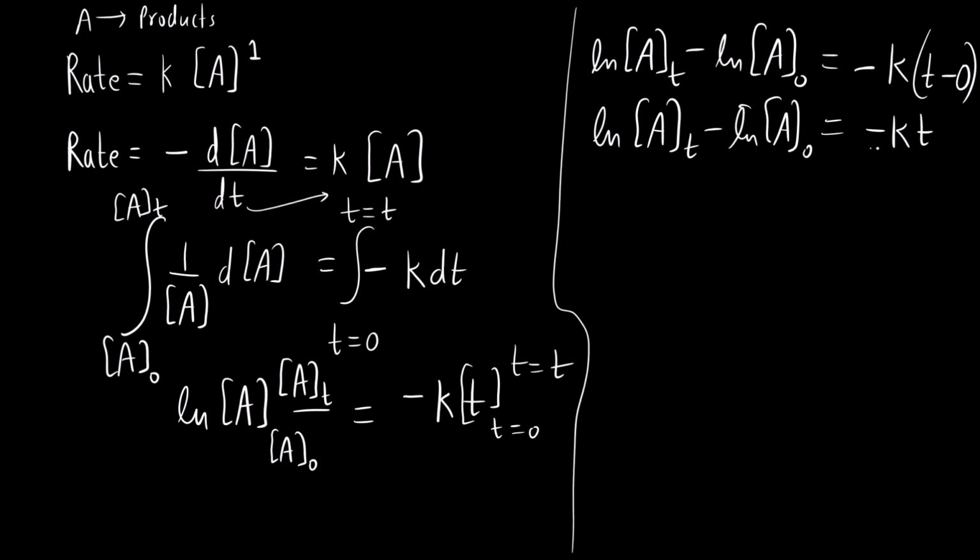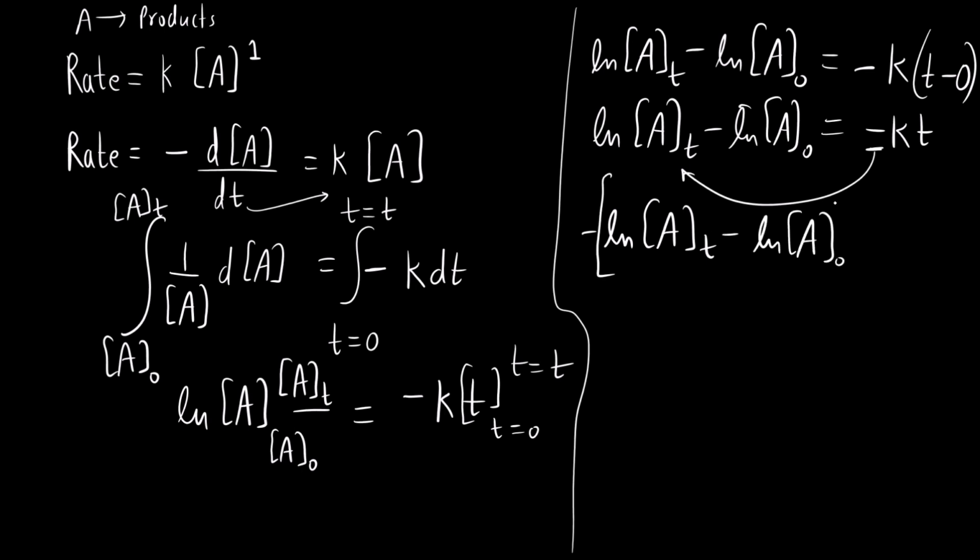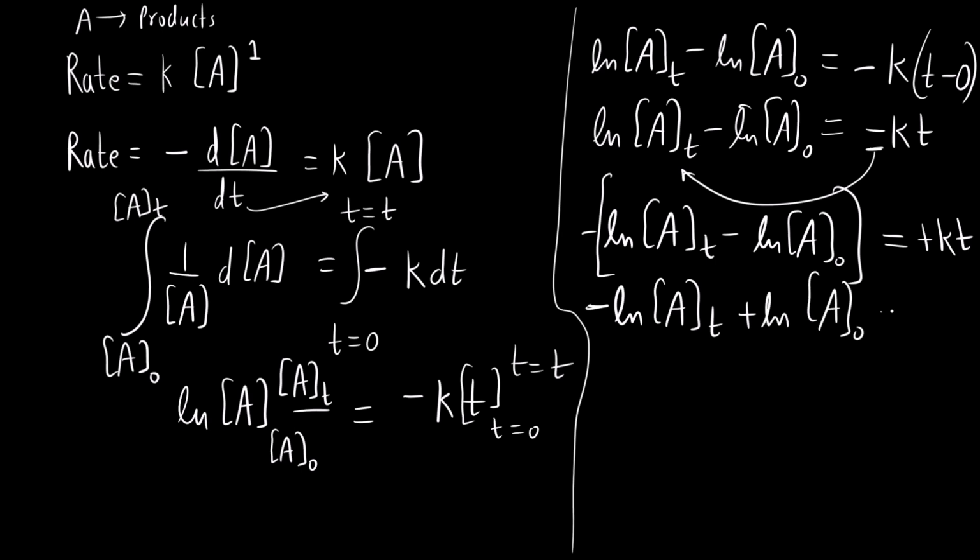Now I don't want this negative sign here, so I can bring it to the left. So minus ln At minus ln A0, which is equal to plus Kt. The minus sign I will substitute inside: this becomes minus ln At, and minus into minus becomes plus ln A0, which is equal to Kt.